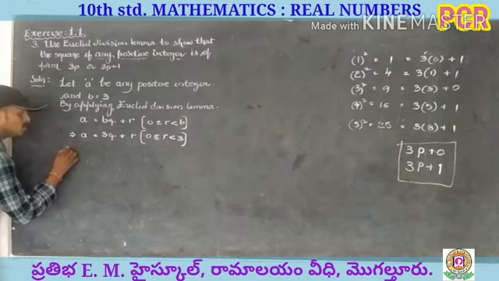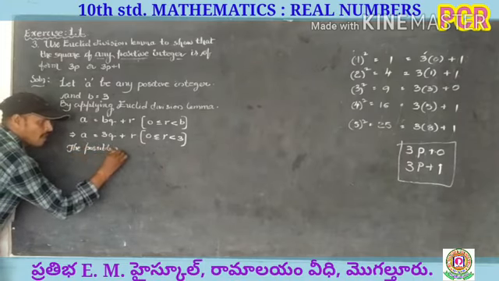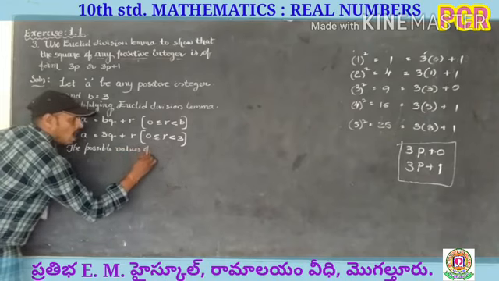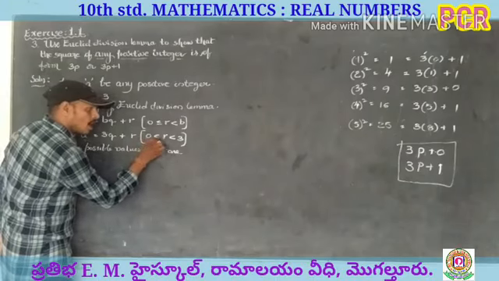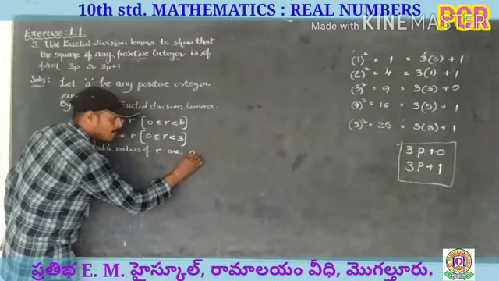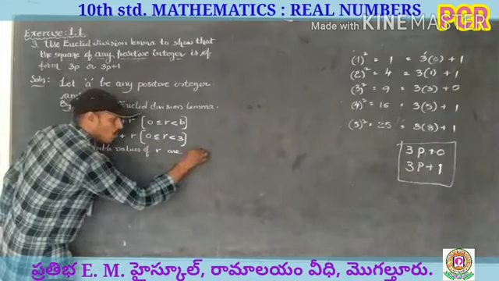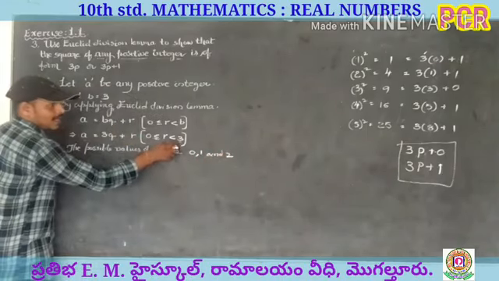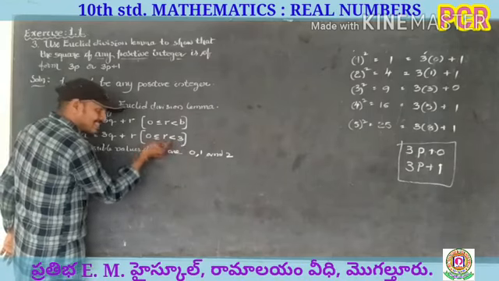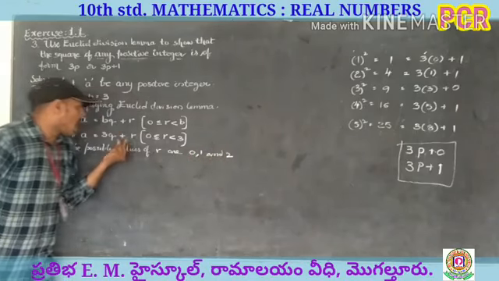The possible values of r are r equal to 0, and 1 is less than 3, and 2, but not 3 because r is less than 3. So these 3 are the possible values of r.